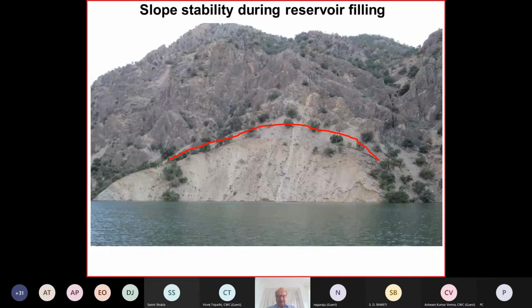There's another case here, a bigger one. It is the same project. You see here there is a bigger landslide, which also developed, but did not really move; it was considered a critical slope.